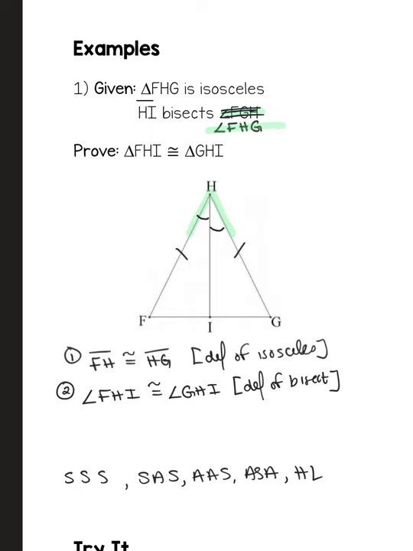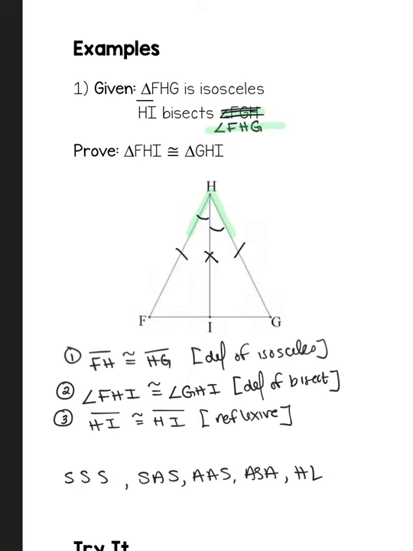I diagrammed all of that stuff onto my triangles. Just from looking at the diagram, I can see that I have a reflexive side in the center. So the last thing that I can document here is that side HI is congruent to itself. And I can say anything is congruent to itself because of the reflexive property.